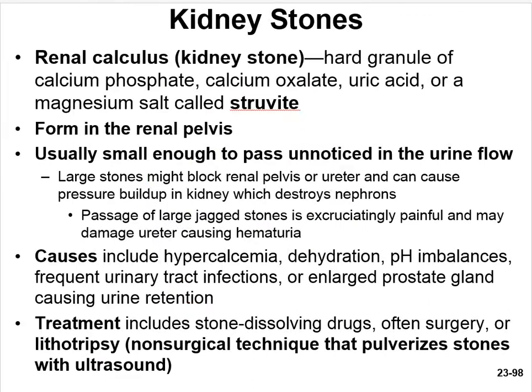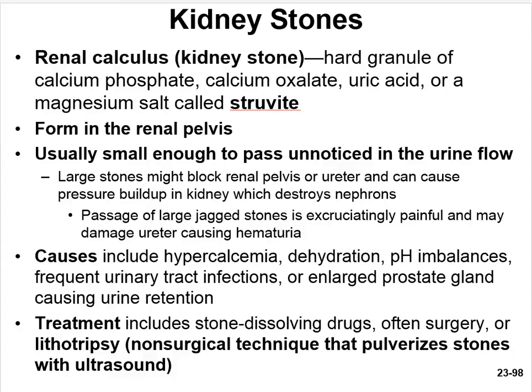Some people have been known to have kidney stones. It's also called a renal calculus. This is a hard granule of calcium phosphate or calcium oxalate, uric acid, or a magnesium salt called struvite. These form in the renal pelvis and can dislodge.